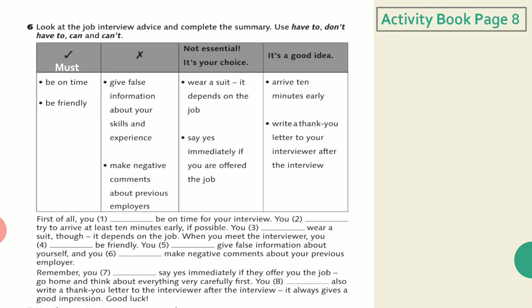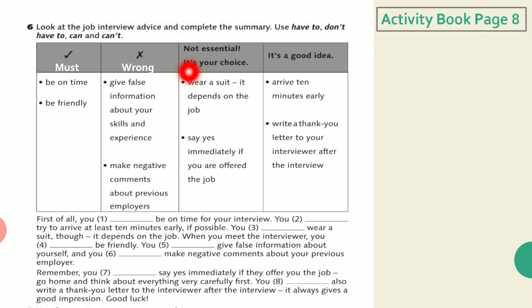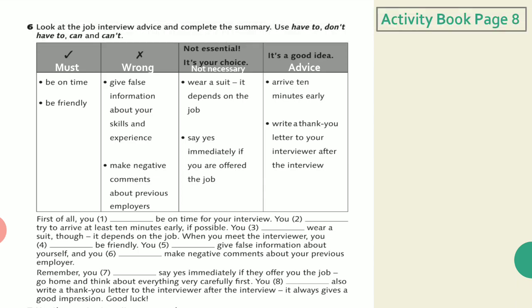So we must be on time and we must be friendly. We have the X sign, which means that it is wrong to do that thing. And we have the not essential or it is your choice, and it means that it is not necessary to do that thing. And finally, it is a good idea, which means that we are giving advice.